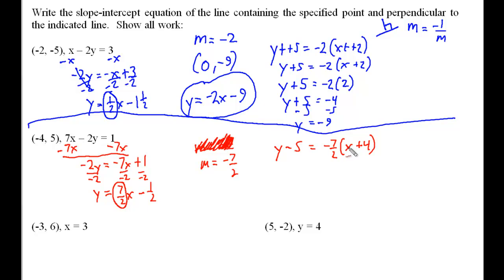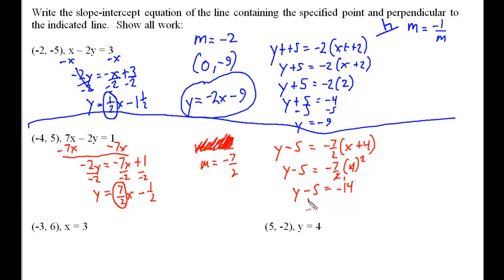Now what I need to do is figure out what my y-intercept is. So I'm going to plug a 0 in for x, which is going to be y minus 5 is equal to negative 7 halves times 0 plus 4, which is 4. And so now I convert this here. Y minus 5 is equal to, what I can do here is cross out the 2 and the 4, make that a 2 over 1, negative 14. That is a simplification technique called cross simplification.